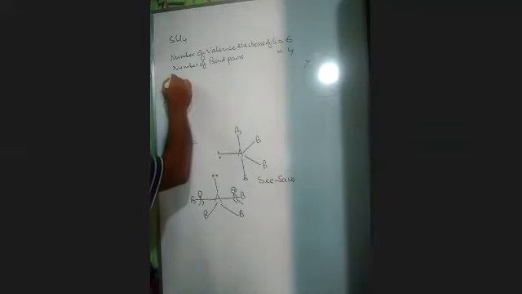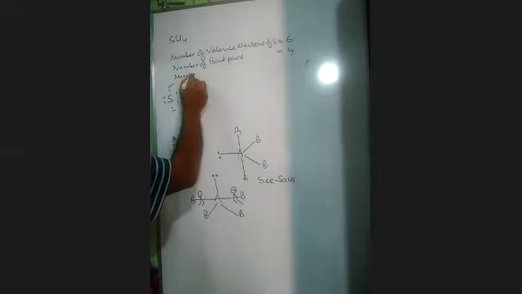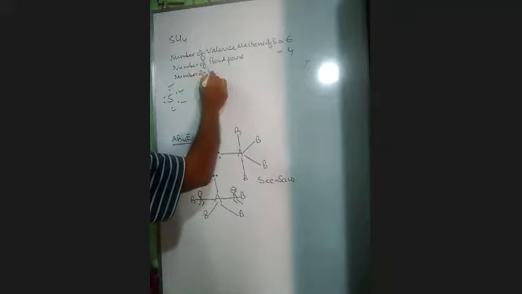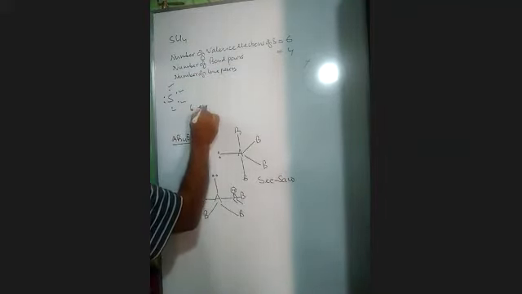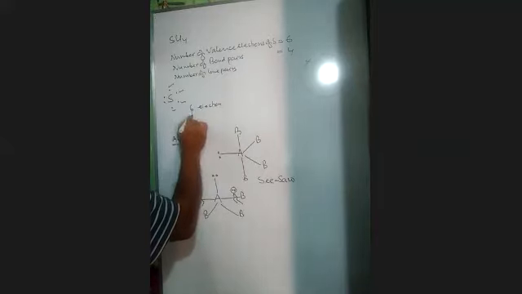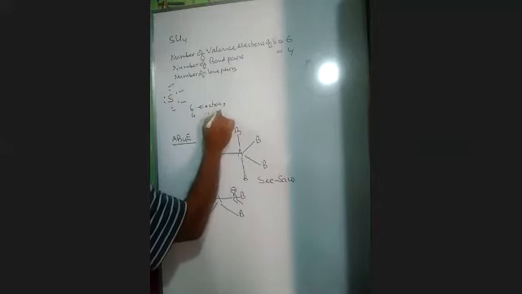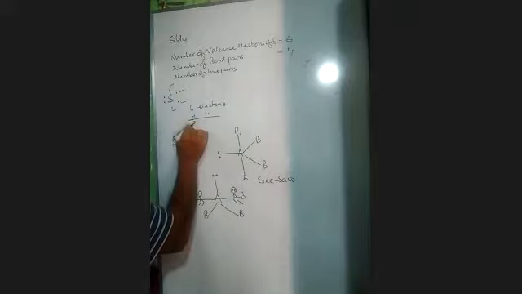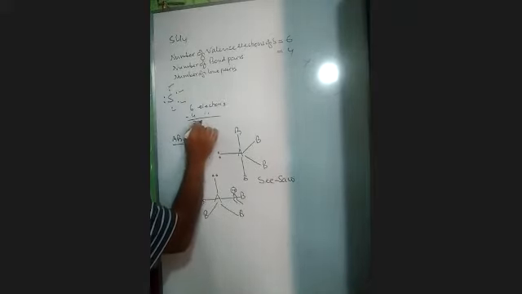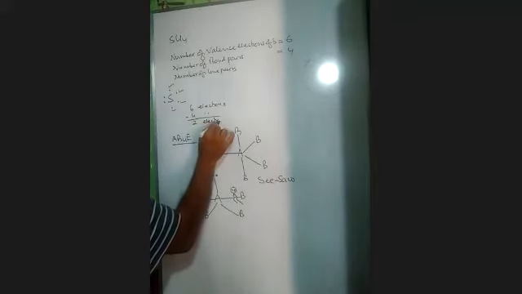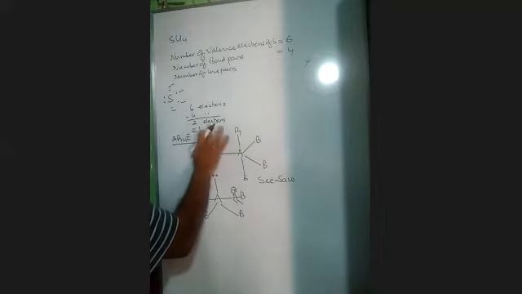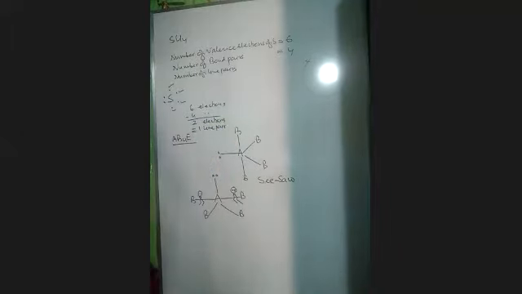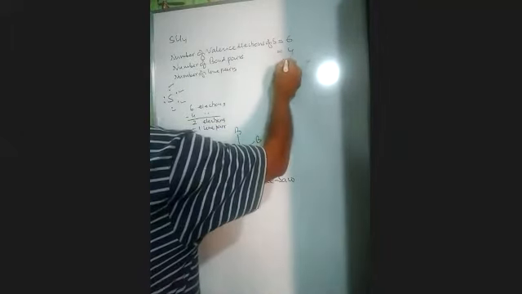Number of lone pairs that we can find. Totally 6 electrons. 4 have taken part in bonding. Then how many electrons are left out? It is 2 electrons, equal to what? 1 lone pair. So number of lone pairs equal to 1.